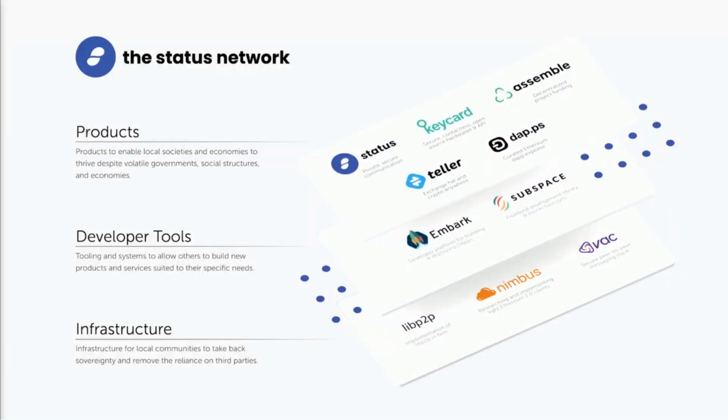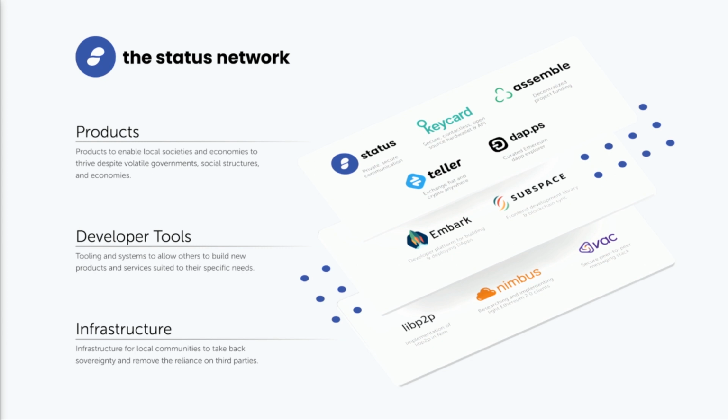And then we have all the products. There is Status, the mobile app. We also have Keycard, which is a smart card. It's like a credit card, but it's a hardware wallet, so you can sign transactions with it. Assemble is a project for decentralized funding of projects.